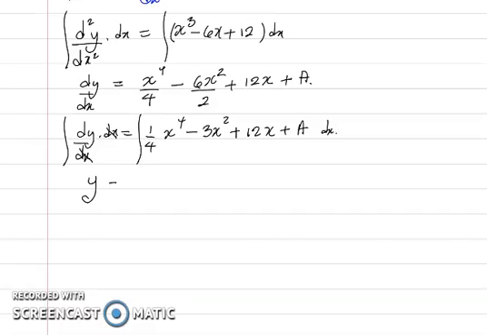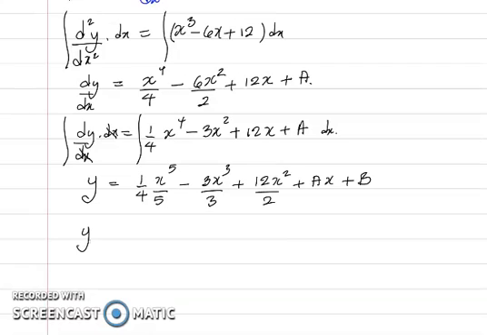So y is equal to 1/4 x to the fifth power divided by 5 minus 3x to the third power divided by 3 plus 12x squared divided by 2 plus ax plus b, which is the second constant of integration.